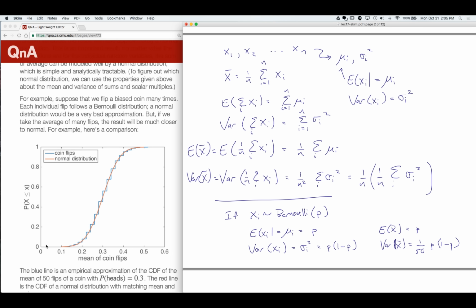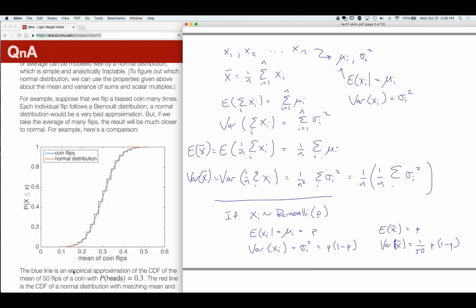For the coin flips, I can just run the experiment a lot of times and count how often the mean is 0.1, 0.2, 0.3, 0.4, and so forth. And if I plot how often the mean is less than x for each value of x, I'll get this staircase-looking CDF.